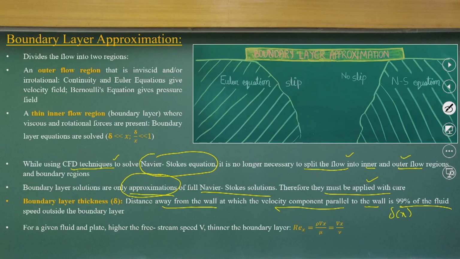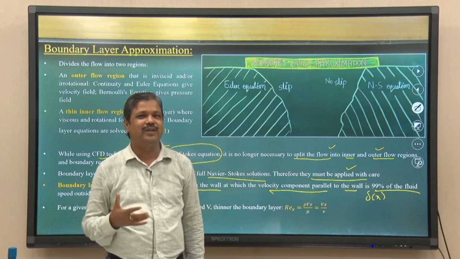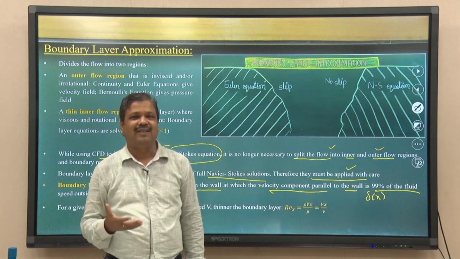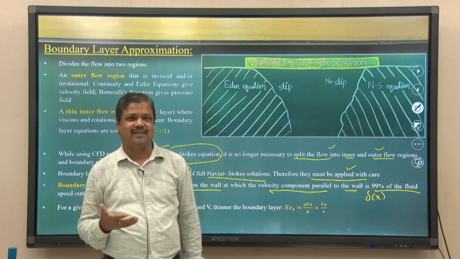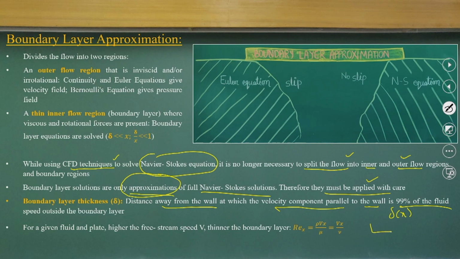In boundary layers, as we have defined the flow Reynolds number, here also we define the Reynolds number considering the characteristic length in the x direction. We are defining the flow Reynolds number, which is inertia forces by viscous forces. Here the characteristic length is x.